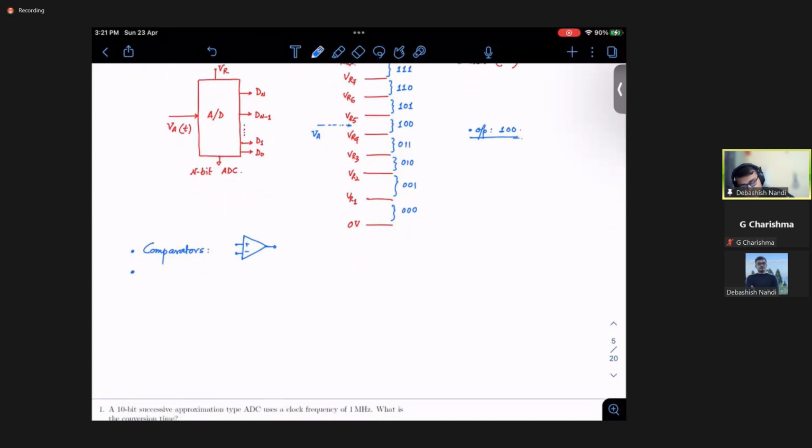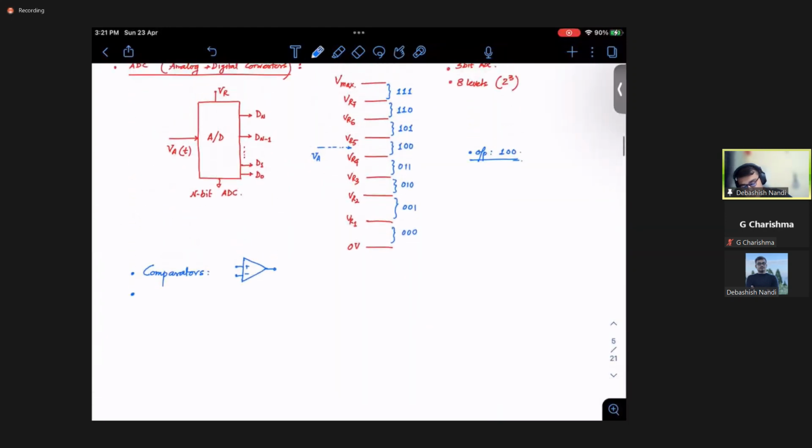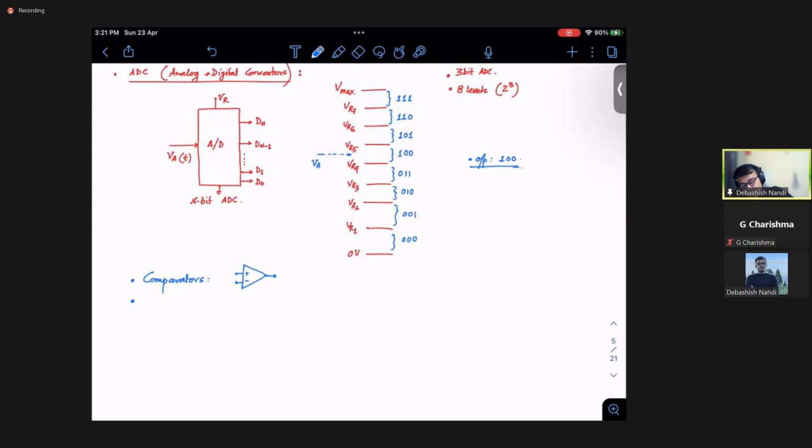Also, let me add one page. You note that you have these voltages, right? You need to get these voltages somehow. So how to get these voltages? You need to have some voltage division stuff, right?